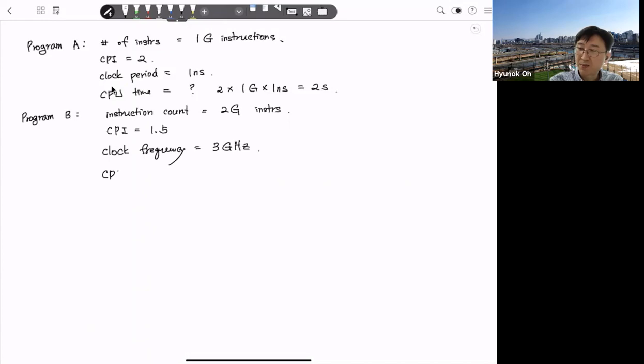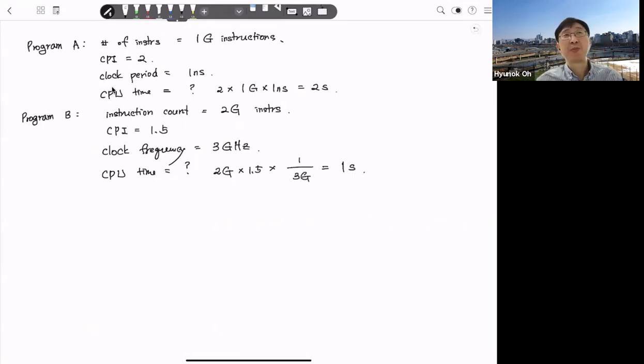Then what's the CPU time? It's very simple, right? So instruction count is 2 giga and CPI is 1.5 and clock period is 1/3 nanosecond, which is 1 second. Right?